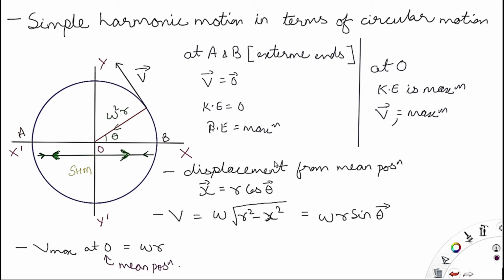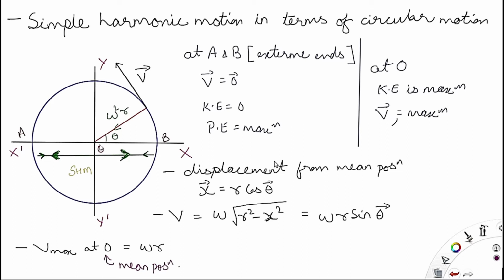So, this is the circular motion. This is the circle that has been made, and the radius of the circle is a small r. Omega is the angular velocity with which the body is performing the angular motion. This O is the center of the circle.